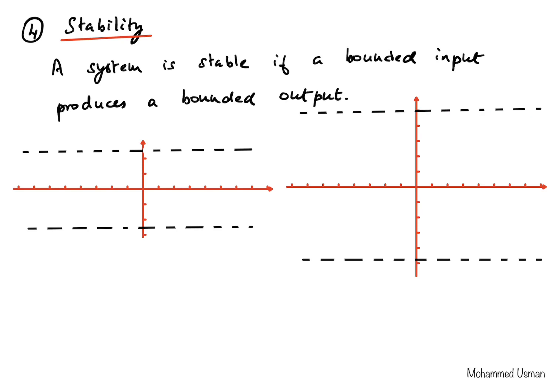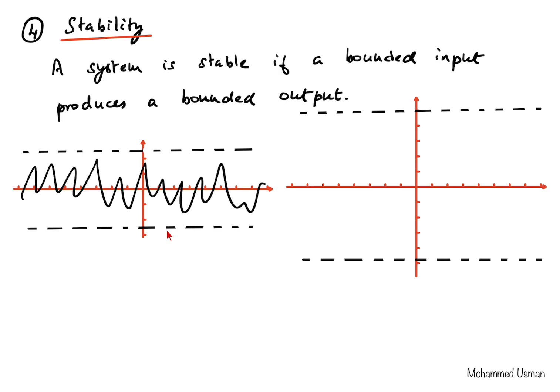There will be an upper limit to the maximum magnitude of the output signal as well. So if we say that the input is some arbitrary signal, okay, it can be any signal, but it does not exceed this upper bound in magnitude on the positive side as well as on the negative side. So the signal lies between these bounds.